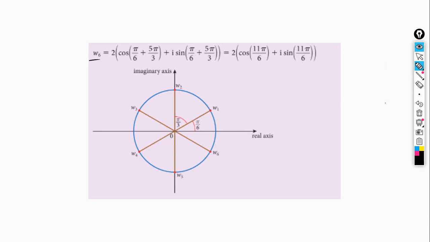Notice that the first argument we found was pi over 6 for W1. Obviously this distance here is the modulus, or 2. And then each one of them has a difference between them of pi thirds. And we have a total of 6 solutions.